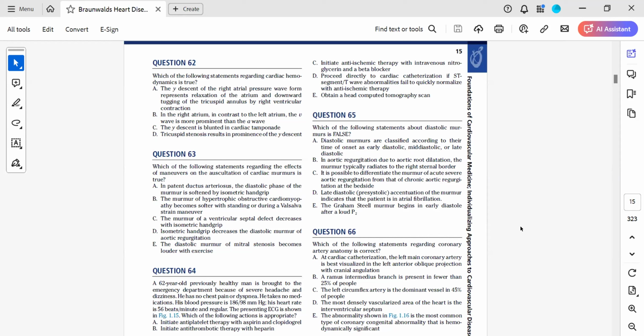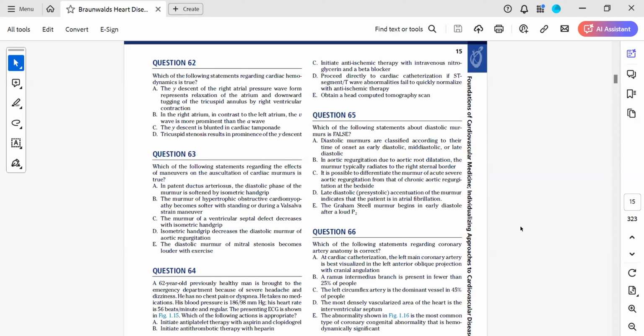A is saying the X descent of the right atrial pressure waveform represents relaxation of the atrium and downward tugging of the tricuspid annulus by the right ventricular contraction. First and foremost, I can't recollect what the Y stands for.